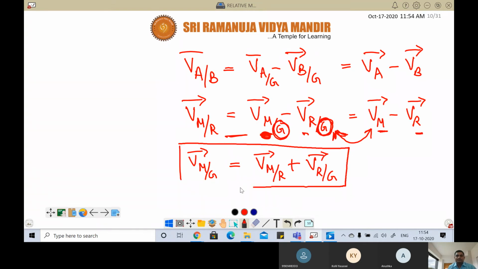I brought this one to the left hand side, so it goes to the right hand side. That means velocity of man with respect to ground is equal to velocity of man with respect to river plus velocity of river with respect to ground. Is it clear?